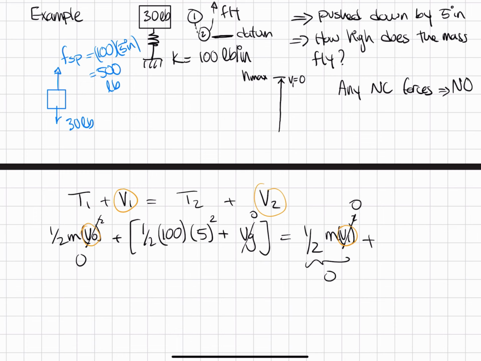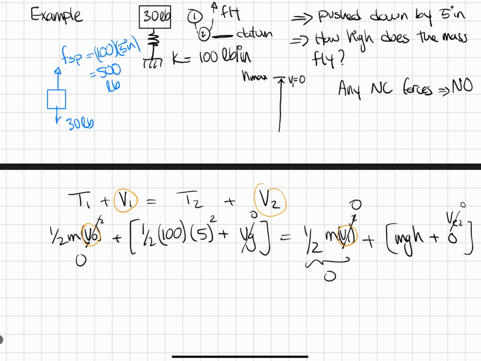So here we have mgh for potential energy due to gravity. And we don't have any elastic energy because the mass has already flown off of the spring. So the spring is no longer exerting any sort of meaningful force. So this is VE2, which is 0.